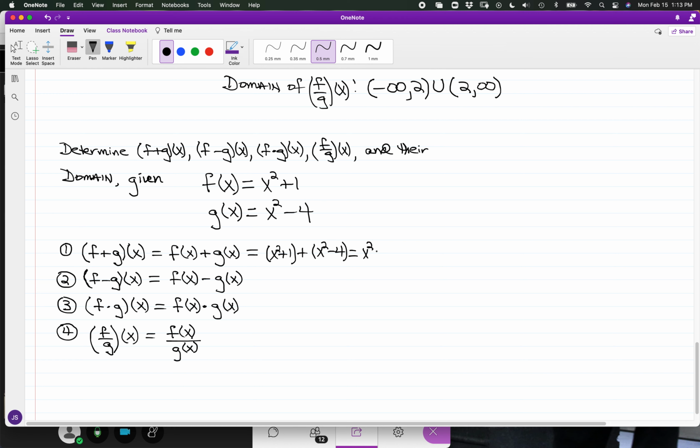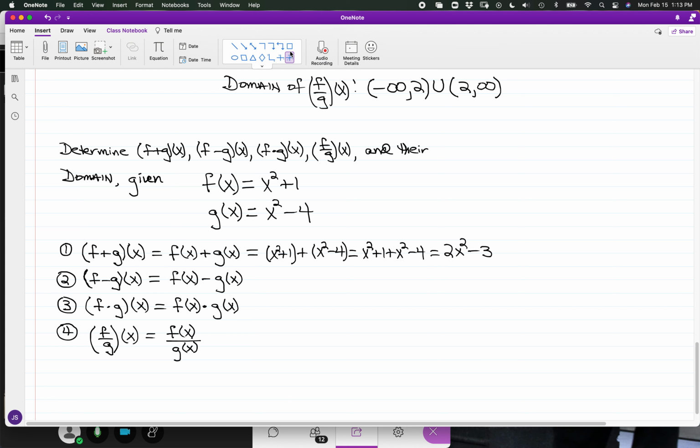And so if we add together x squared plus 1 and x squared minus 4, x squared and x squared will form 2x squared, and 1 and minus 4, we're going to have a minus 3. So for f plus g of x, we're going to have 2x squared minus 3.